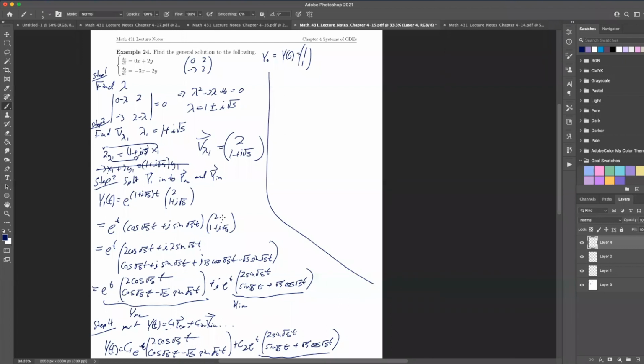So y of t becomes c1 times 2 up top plus a 1 minus a 0, so this is 2 and 1, plus c2 times a 0, a 0, and a square root 5, right?